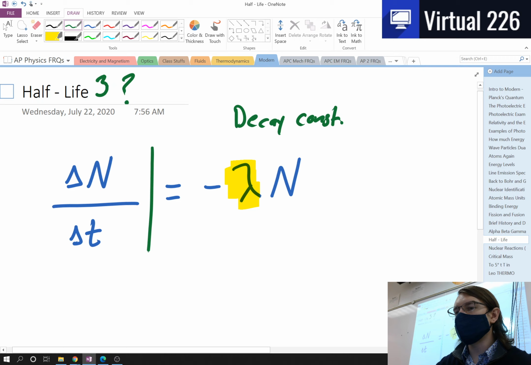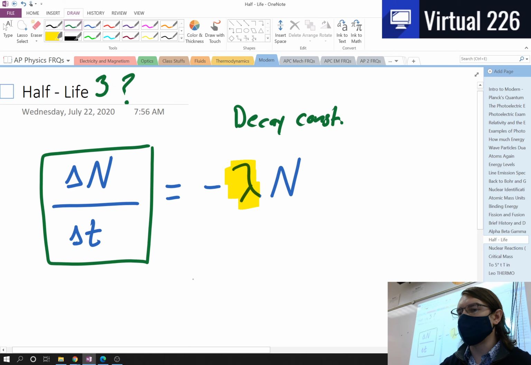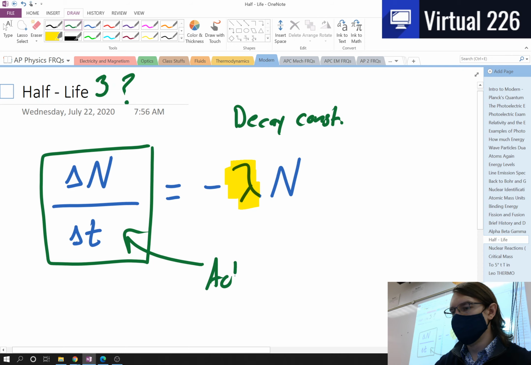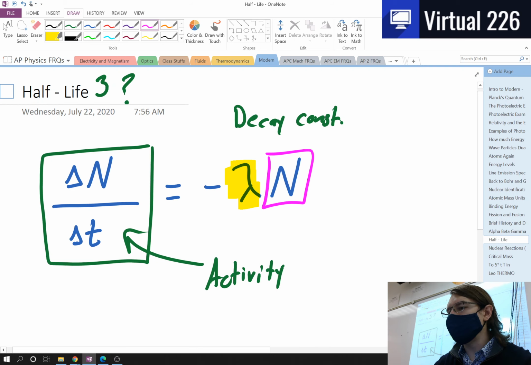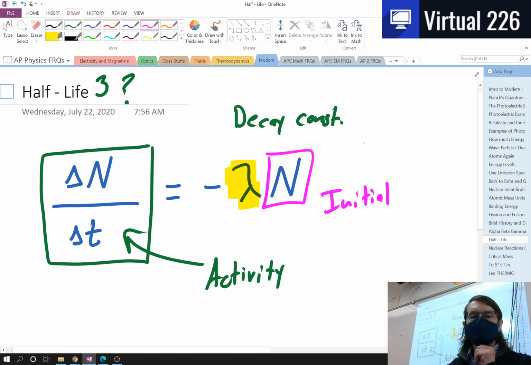We refer to this delta n over delta t, this entire term, as the activity. And this n we have here, this is like the initial quantity. It's what we have.